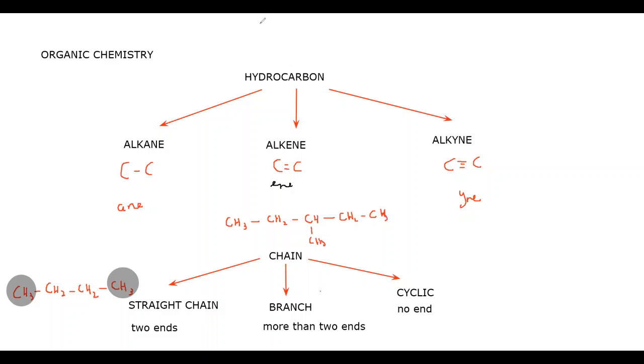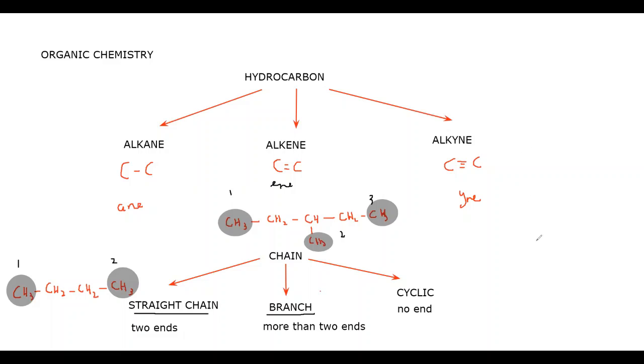The ends always have CH3. So you can see here, this is CH3, CH3, CH3. How many ends are there? 1, 2, and 3. So if there are 3 ends, we call that a branched hydrocarbon. If there are 2 ends only, like this is one and this is a second, we call that a straight chain.